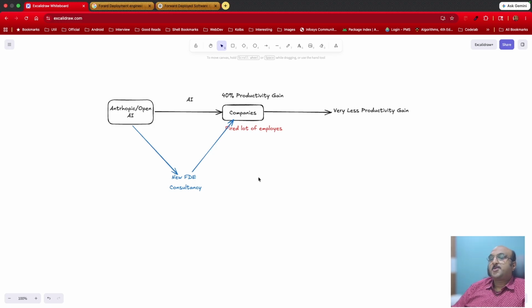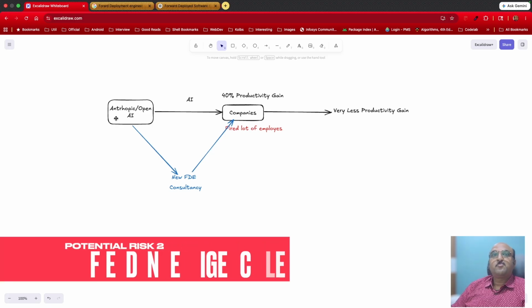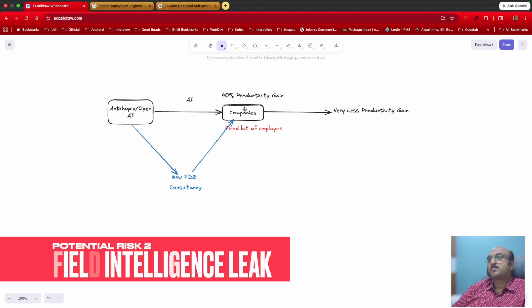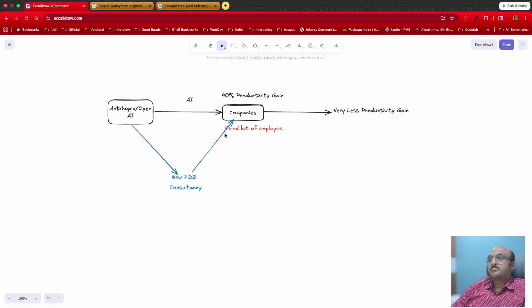What is the guarantee that this kind of field intelligence is not used by their parent companies, Anthropic and OpenAI, to build products and services which are going to directly compete with what these companies might be having or building? So this is another issue that these companies will have to think about.